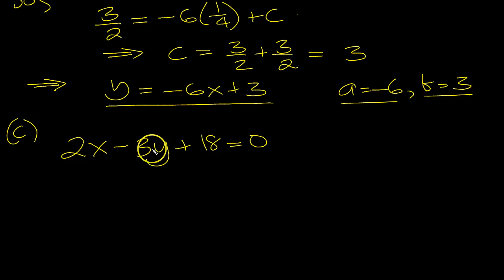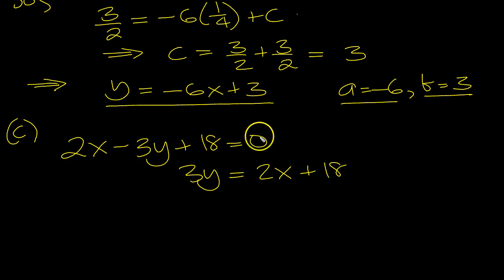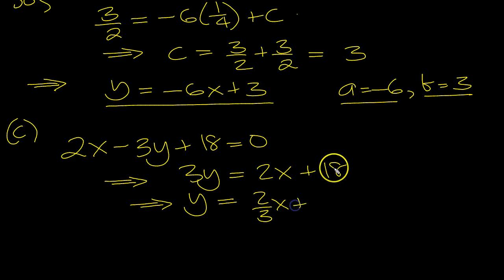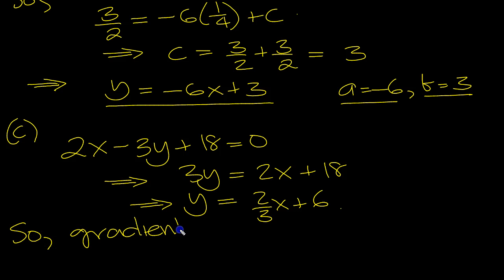So let's get the gradient here. So 3y is equal to 2x plus 18, isn't it? All we've done is move the 3y over here, written it down from right to left. So y is equal to then, divide by 3 all the way through, 2/3 x plus 18 over 3 is 6. So the gradient of this line, which is a tangent at Q, is equal to 2/3.